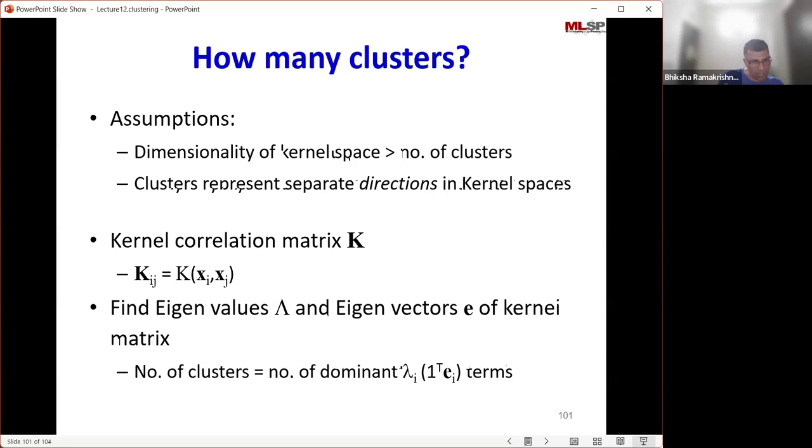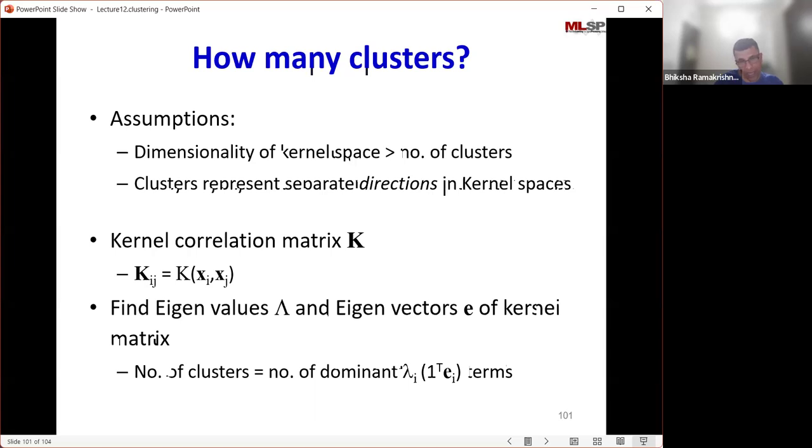So what it turns out is that if you go to the right spaces, then your different clusters should end up lying along different cardinal directions in the high dimensional space. Now, how many clusters do you need? You can define a kernel correlation matrix, a giant matrix where the ijth entry is simply the kernel computed between the ith and the jth training data.